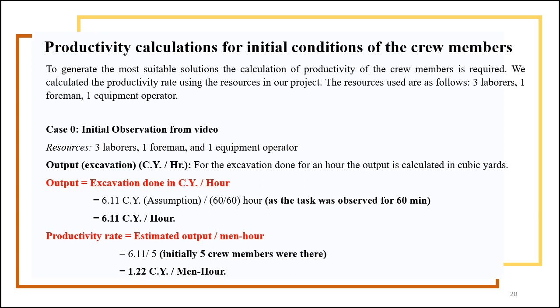So case 0, which is our initial observation from the video, our output is 6.11 cubic yards per hour, and we have 60 minutes divided by 60 minutes, which is 1 hour. And our productivity rate in this case is 1.22 cubic yards per man hour.